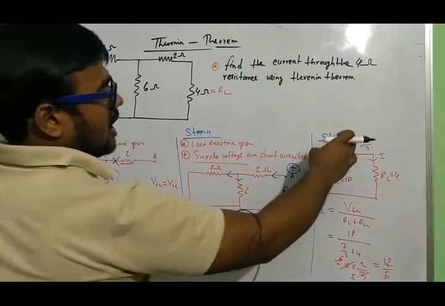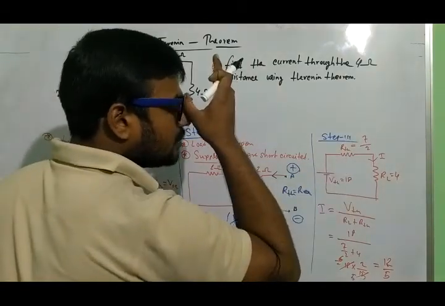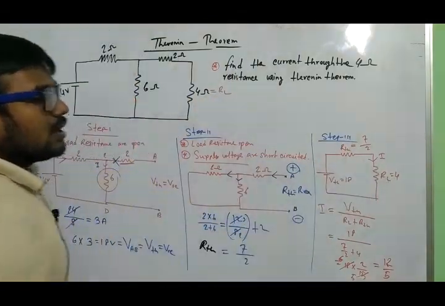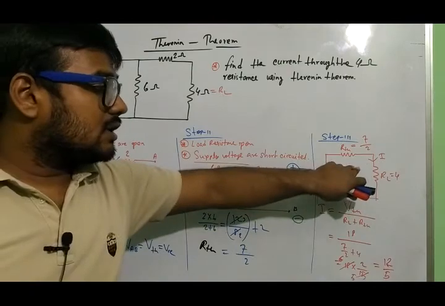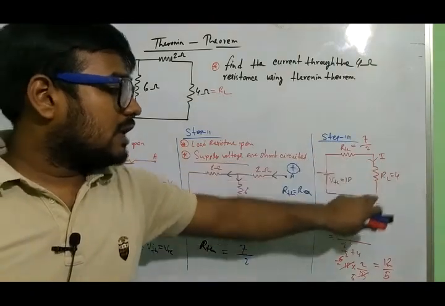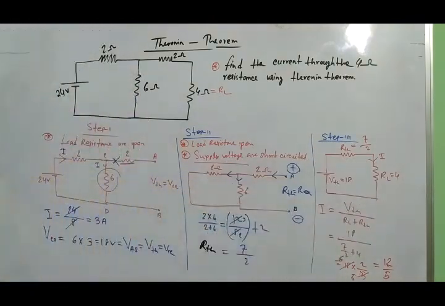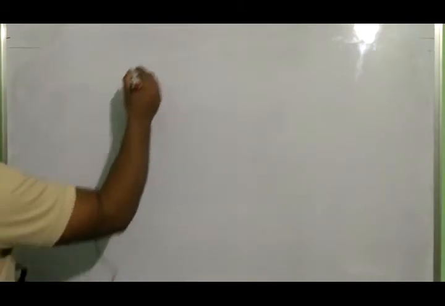Now I get this simplified circuit given by Mr. Thevenin. I put in all the values and calculate the current through the load resistance. I think that is clear to all of you. Now I am starting your next theorem, Norton Theorem.